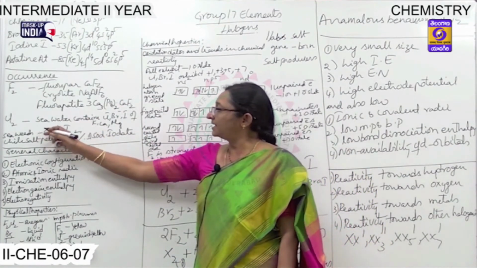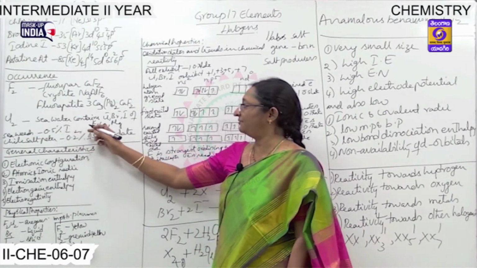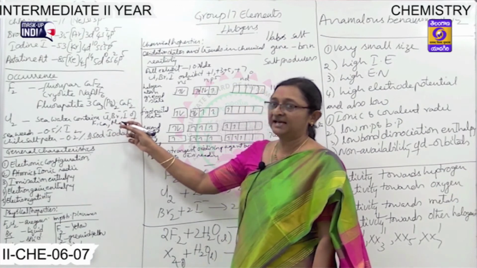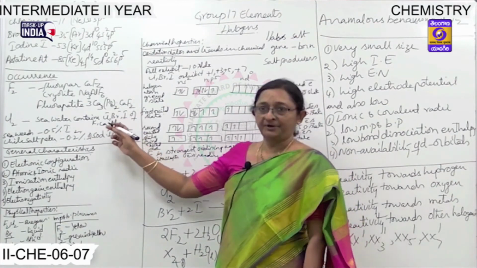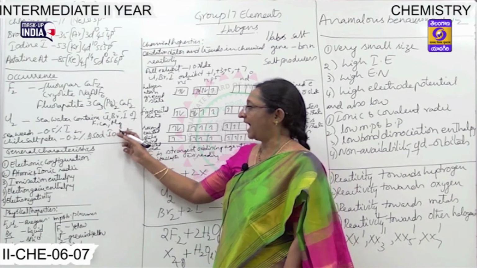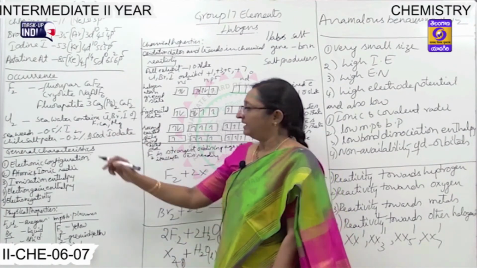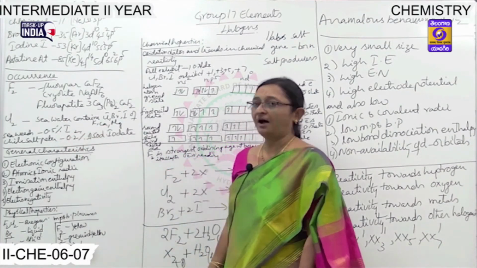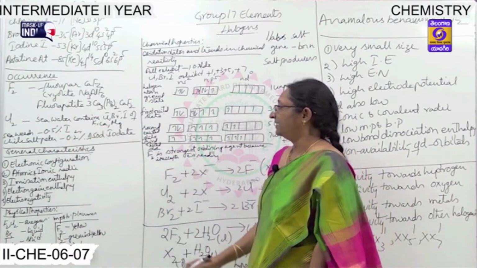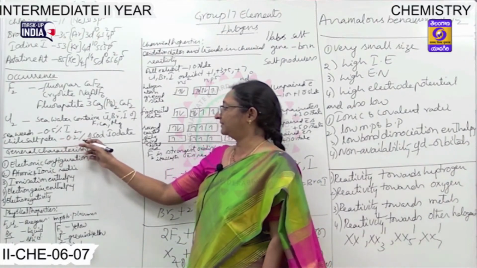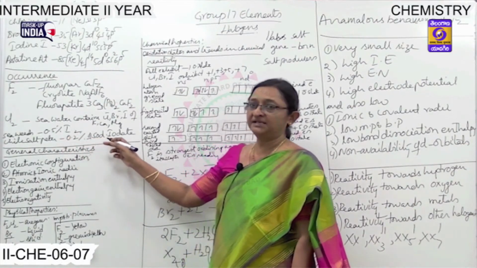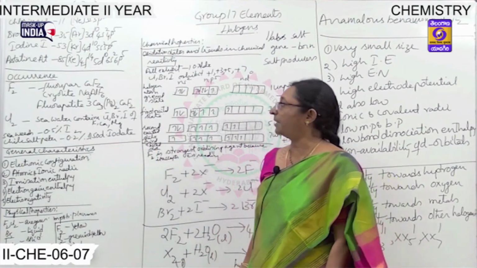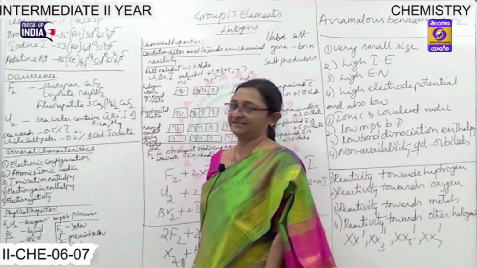Then chlorine is present in seawater, which contains chlorides, bromides and iodides of potassium, calcium and magnesium. Even some seaweeds contain 0.5% of iodine. Then Chile saltpeter contains 0.2% of sodium iodide. So this is all about the occurrence of halogens.